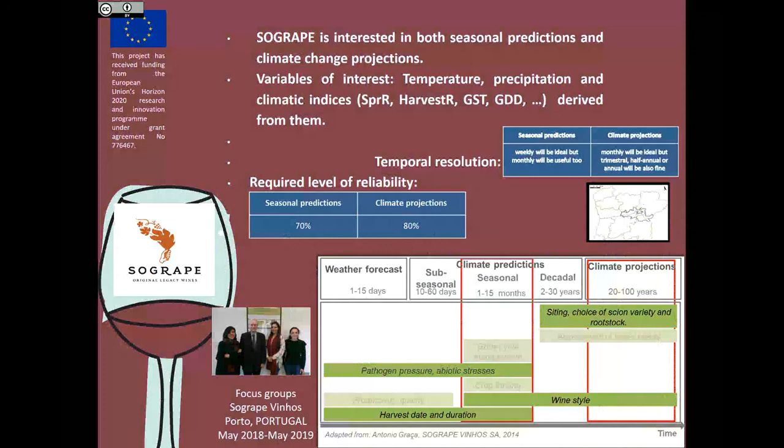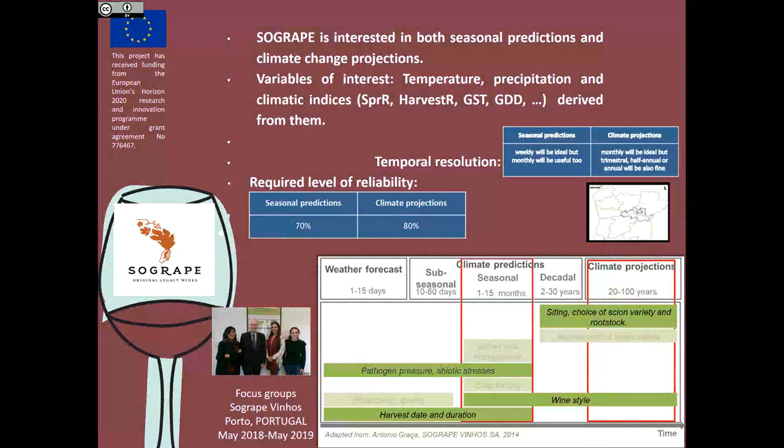We understand that the focus region for this problem is the Douro region that you can see in this small map, and we got insight into the temporal resolution that they need, in terms of seasonal prediction and climate projection as well. And even the required level of reliability that at the beginning the users put as a threshold for using the service or not. We can come back to this number later, in case.